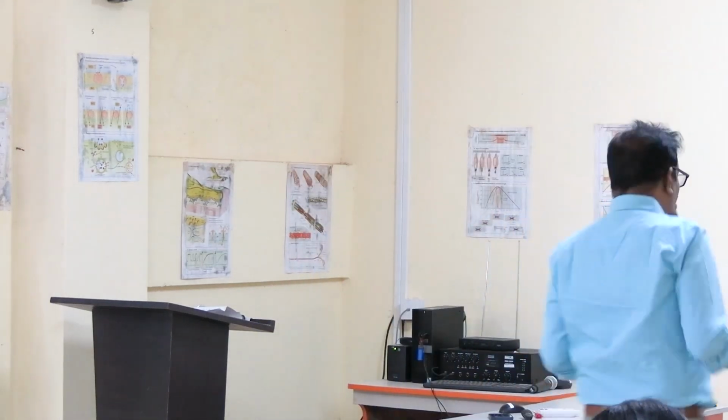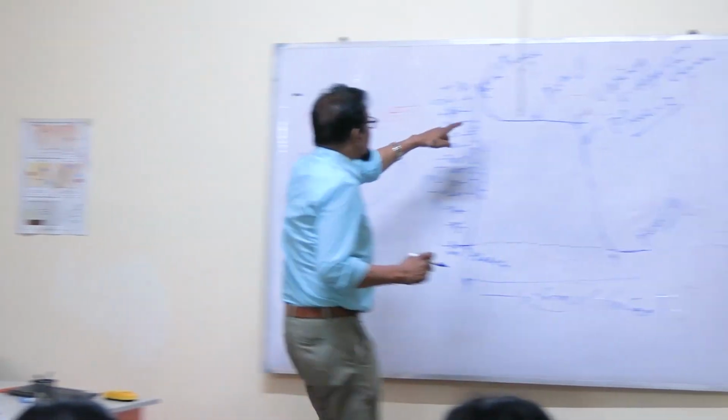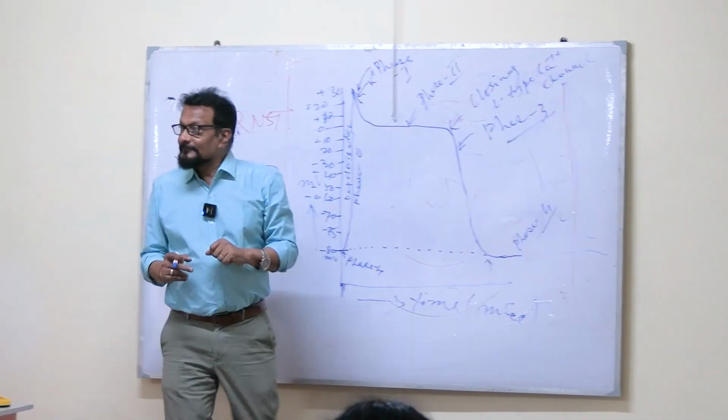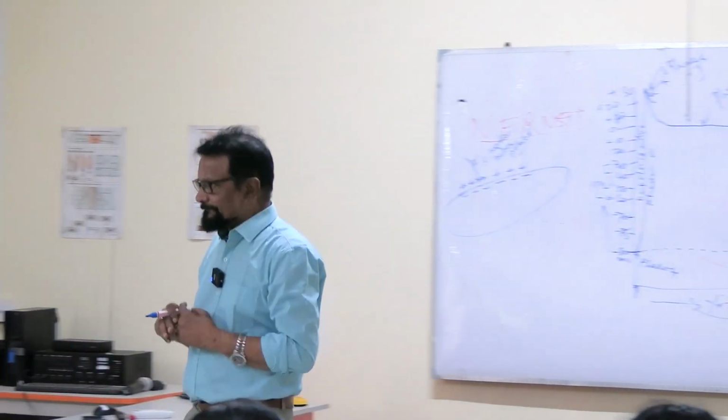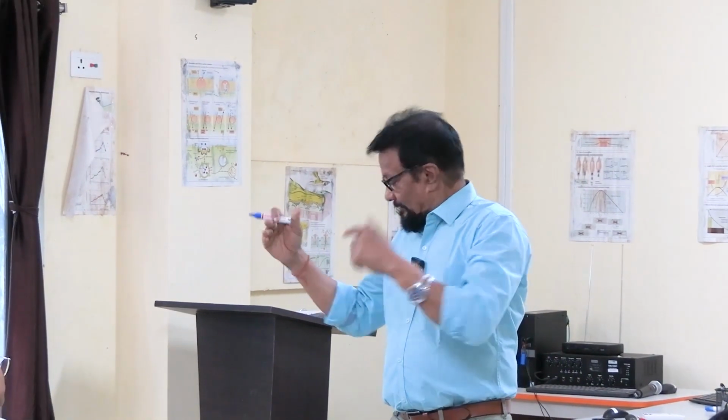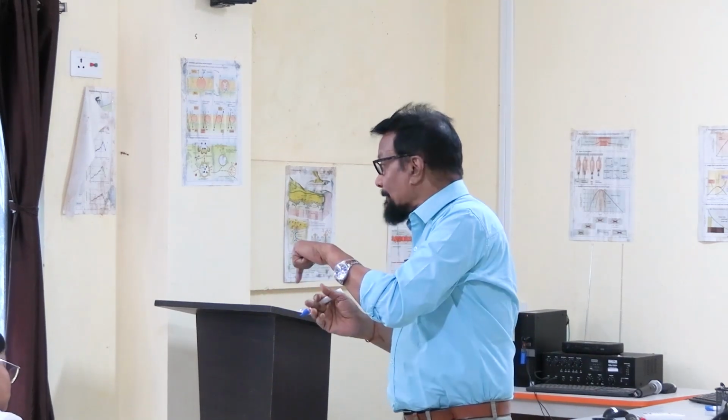Calcium ion started entering the cell because without calcium ion, contraction is not possible. This calcium ion will cause contraction of the cardiac muscle.